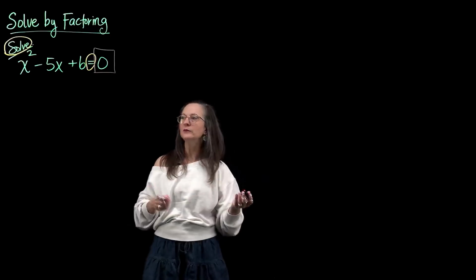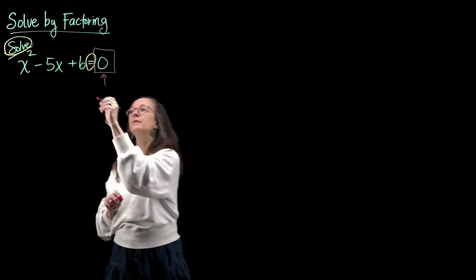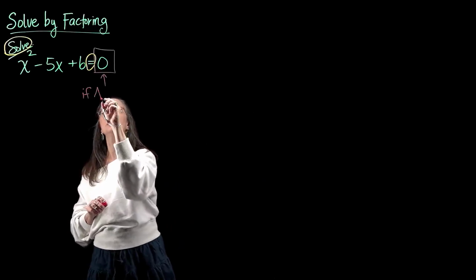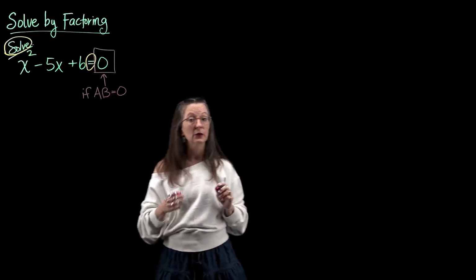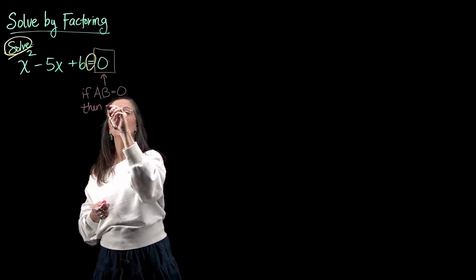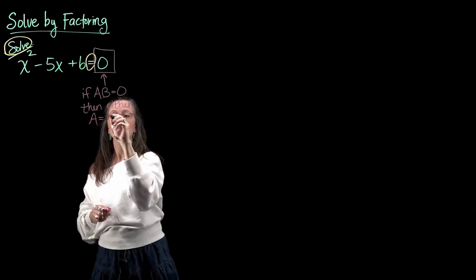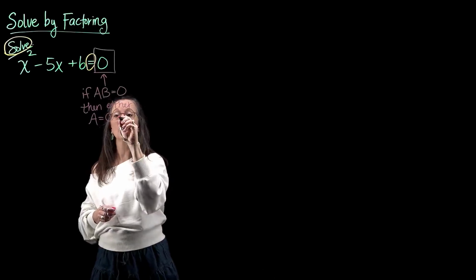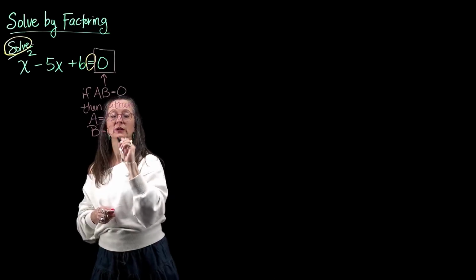Now, why is that important? So I have a rule that tells me if two numbers, and I'm going to call them A and B, are multiplied together to make 0, then either the first number, which I'm calling A, equals 0, or B, the second number, is equal to 0.